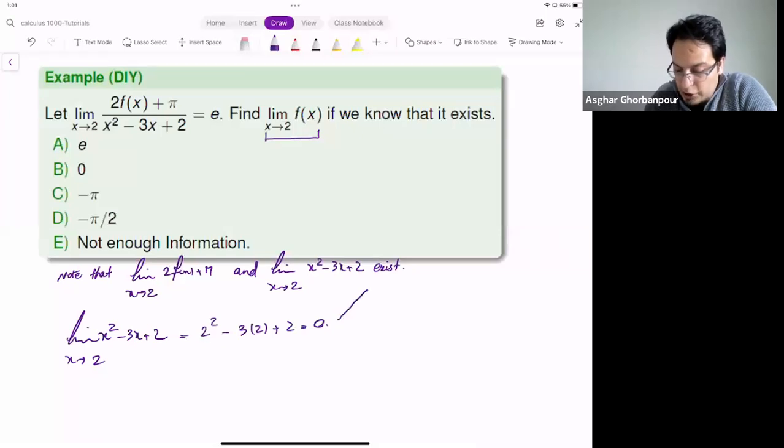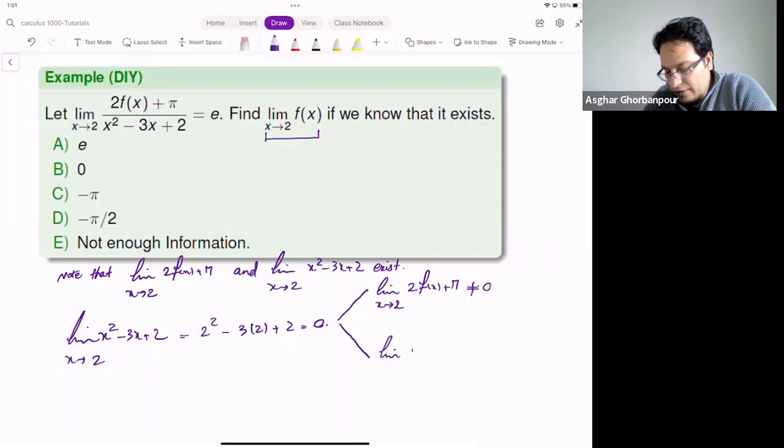And there will be two scenarios. Either the limit of the numerator as x goes to 2 is not equal to 0, or the limit of the numerator is actually 0.